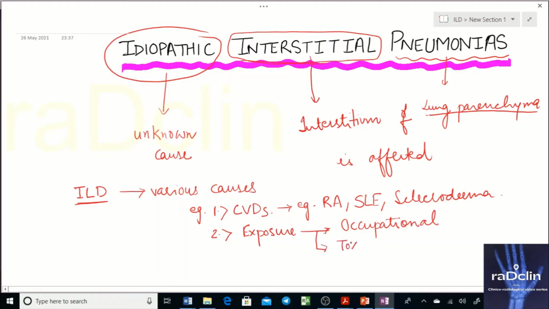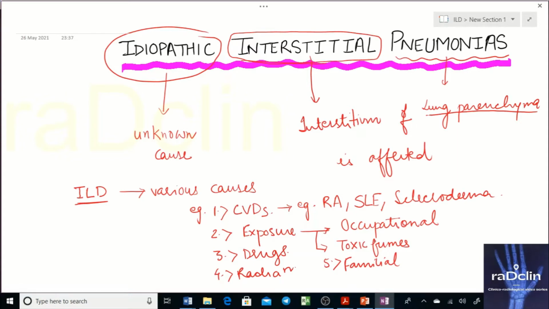Toxic exposure could be one thing, toxic fumes. There could be drugs causing ILDs. Then radiation may be a cause. You may have familial causes. I'm writing here only familial causes, where the disease is running in the family from generation to generation. So there are many causes that have to be discussed.